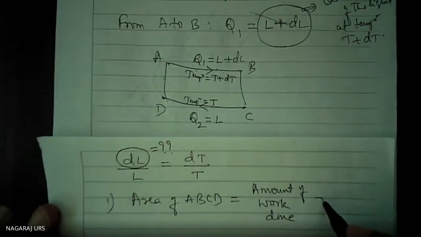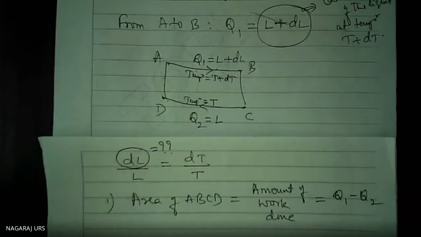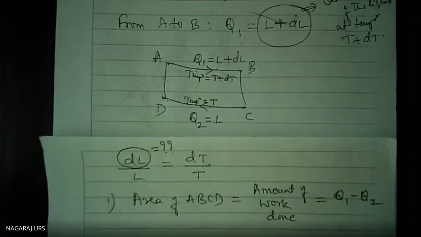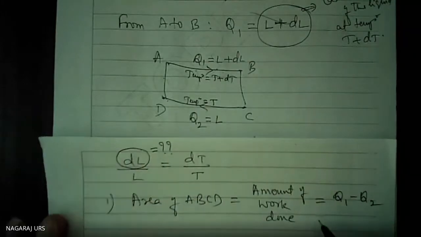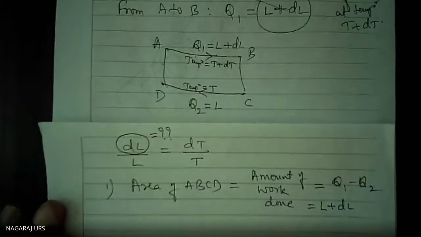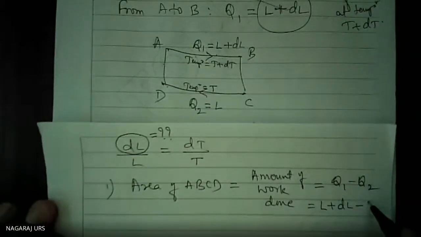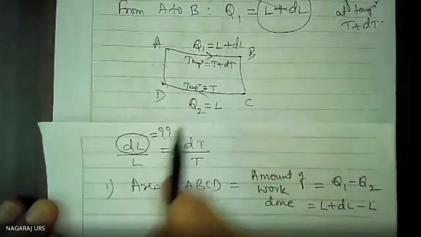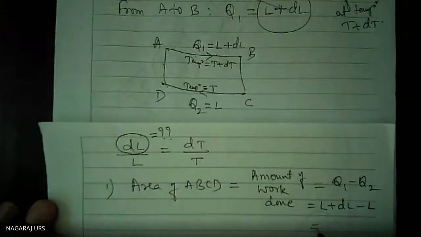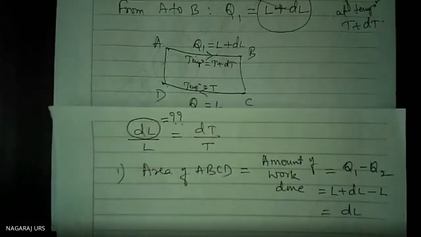The amount of work done is Q1 minus Q2, that is, the amount of heat supplied from the source minus the amount of heat given to the sink. Where Q1 is equal to L plus DL and Q2 is equal to L, already we know that. So that is equal to DL. This is the area of ABCD.